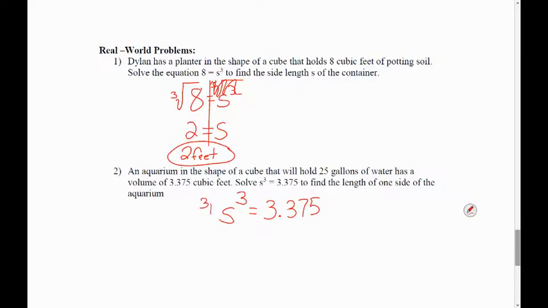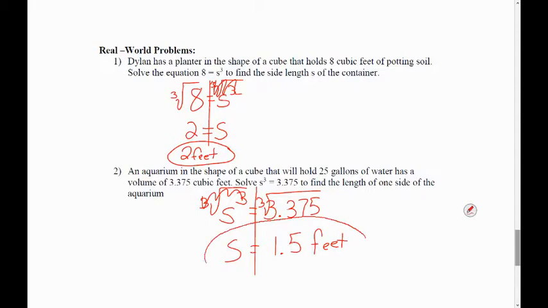And we're going to take the cube root on each side. So again, on the left, it cancels out. And on the right side, we get 1.5. And again, because it's a real world problem, we have a label, feet. So we have a side length of 1.5 feet.